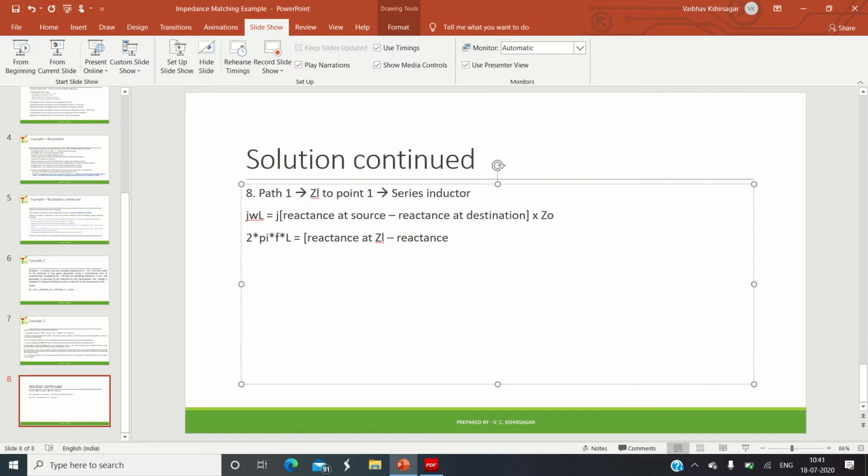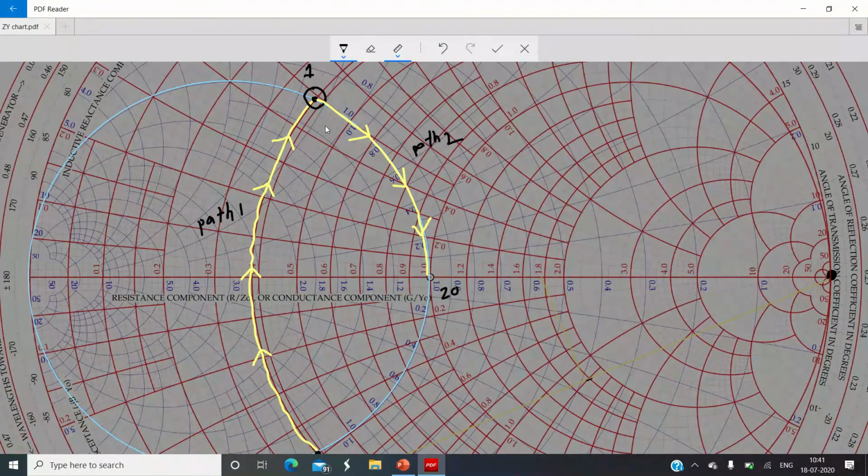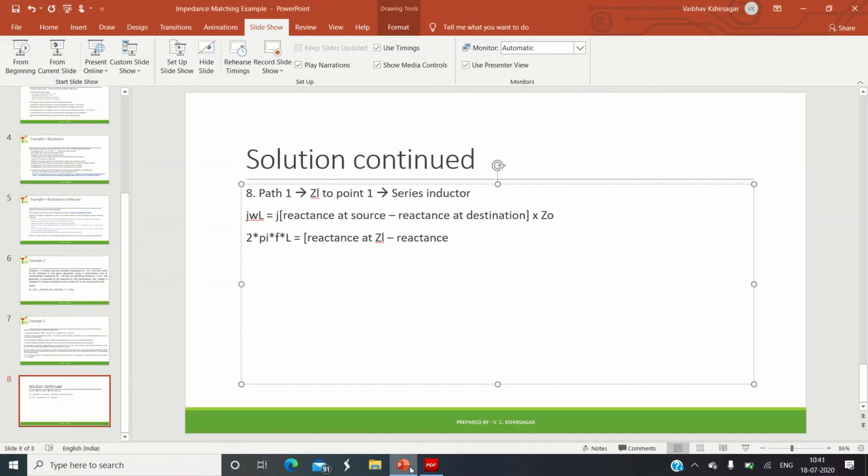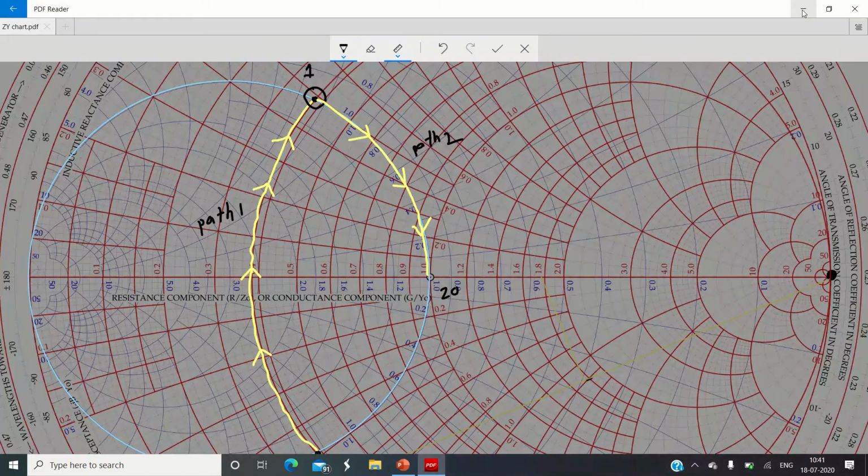The destination point for path number 1 is point number 1, so the reactance at point 1, multiplied by Z0. I need to make sure that we have used the correct equation.